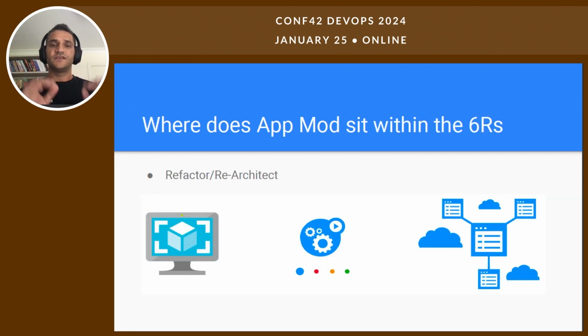Now, just to re-emphasize, application modernization is the process of updating and refactoring existing applications to take advantage of new technologies and cloud computing platforms. This can involve a variety of changes, such as migrating applications to cloud native services, refactoring them to a microservice architecture, or adding a new feature such as mobile support or artificial intelligence.